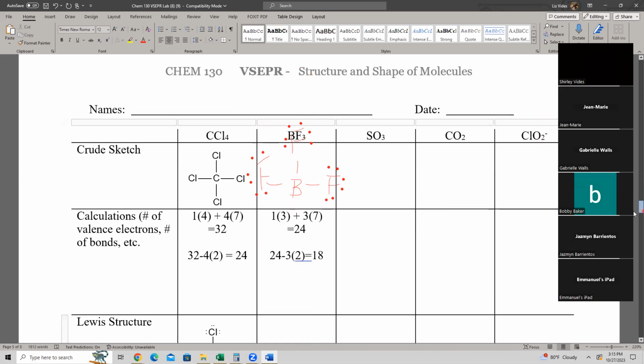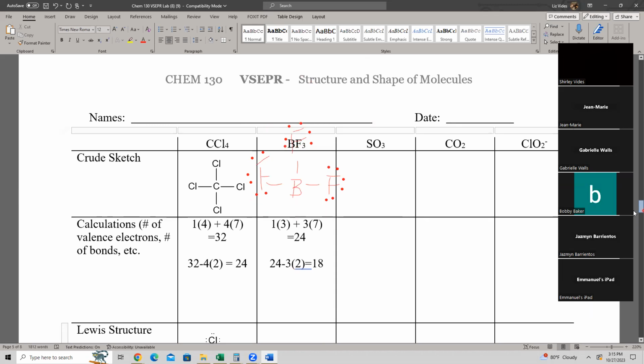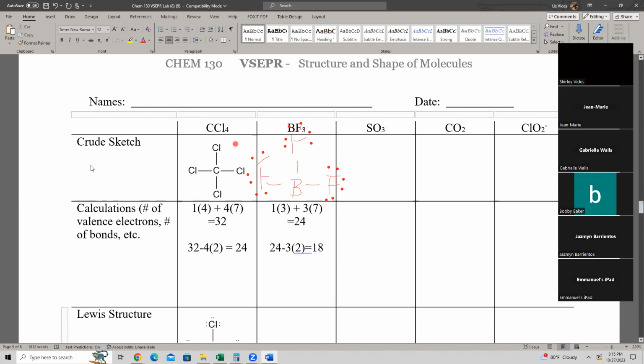Like I said, we're just going to have to do one at a time. Let me erase this one now because I can't have it clearing my area. Okay, now let's do the math for the next one. The math for the next one is 1 sulfur in group 6, right?